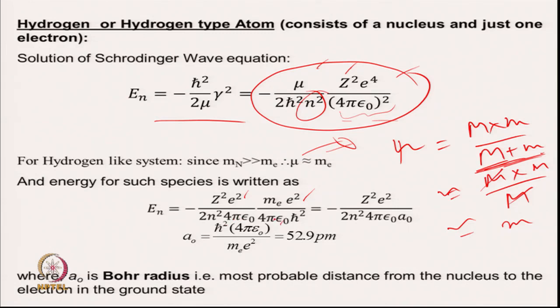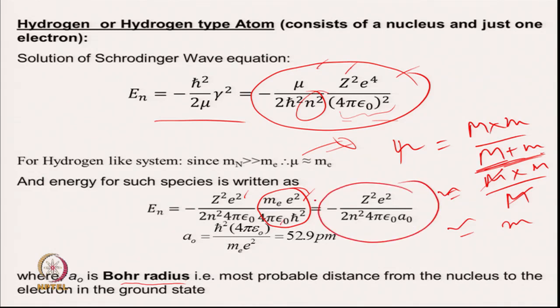So left is 4πε₀ into ħ², and this is equal to 1/a₀. This is equal to 1/a₀, where a₀ is called the Bohr radius, which was derived when Bohr proposed his model for atoms.